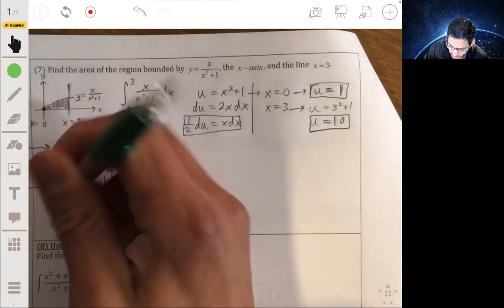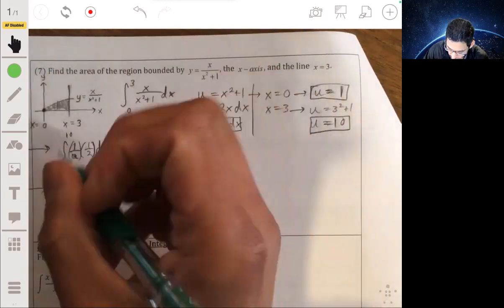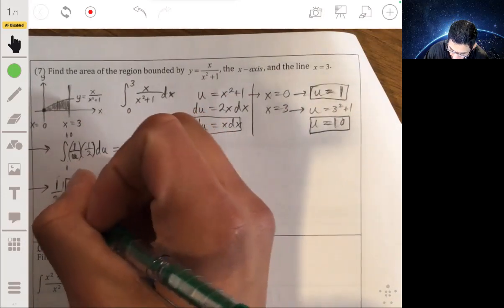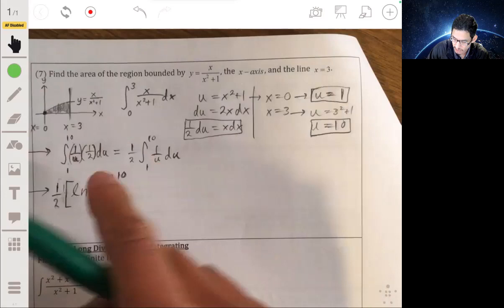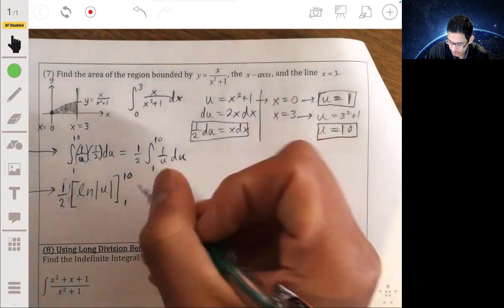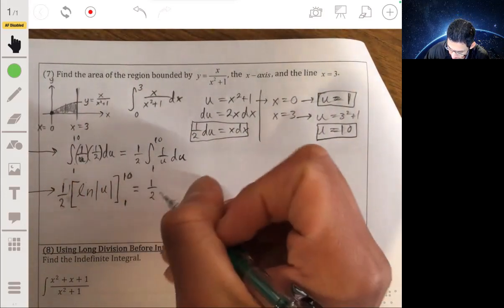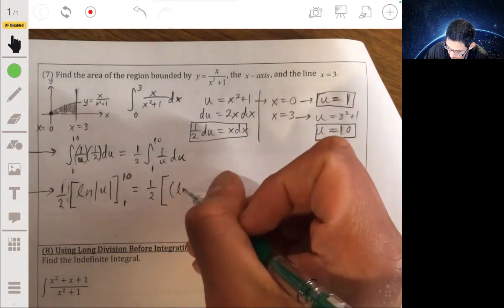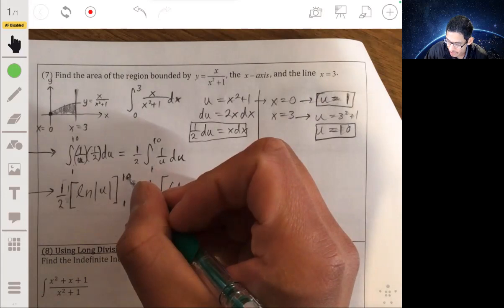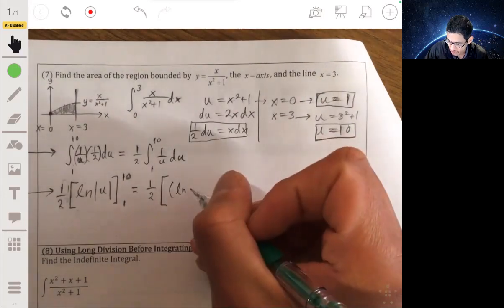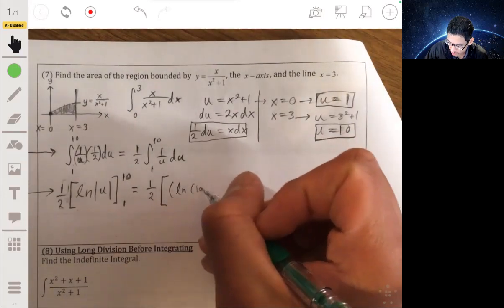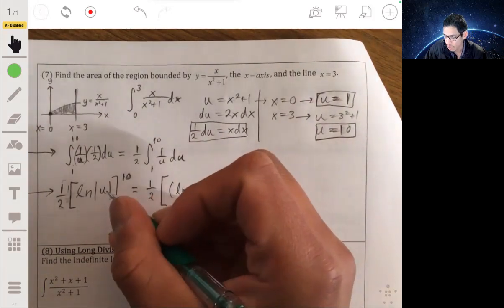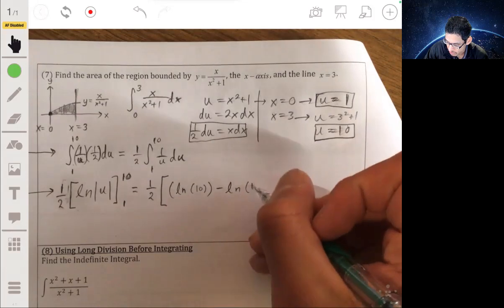Actually, let me take it out, so it will probably make life a little easier. We'll keep that 1/2 on the outside, and once we evaluate this, we'll multiply by 1/2. So this will be the natural log of the absolute value of 10. 10 is already a positive number, so we can just say the natural log of 10 minus the natural log of 1, because again, 1 is positive as well.